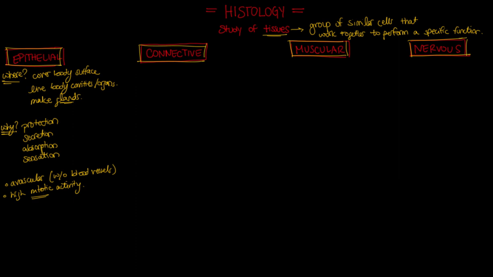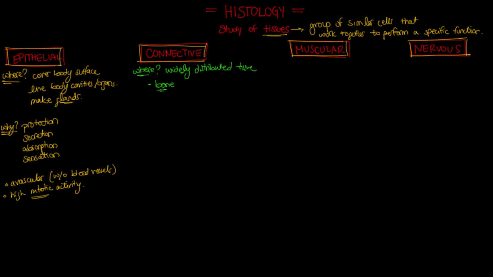So now let's move on to our second type of tissue that we have in the body, and this is our connective tissue. So if we wanted to talk about where it is located, this is actually a very widely distributed tissue in the body. And so you're going to find it all over your body.